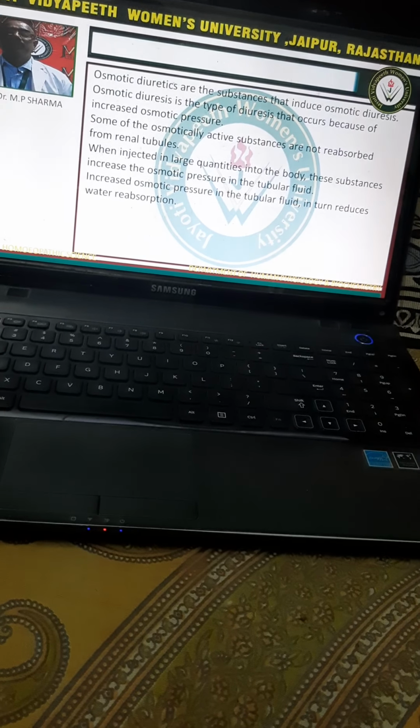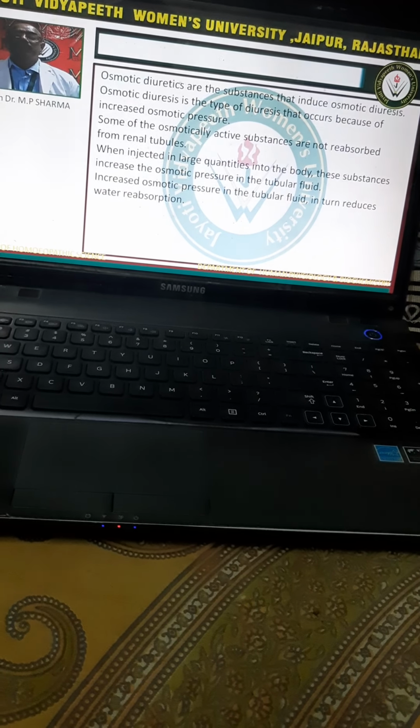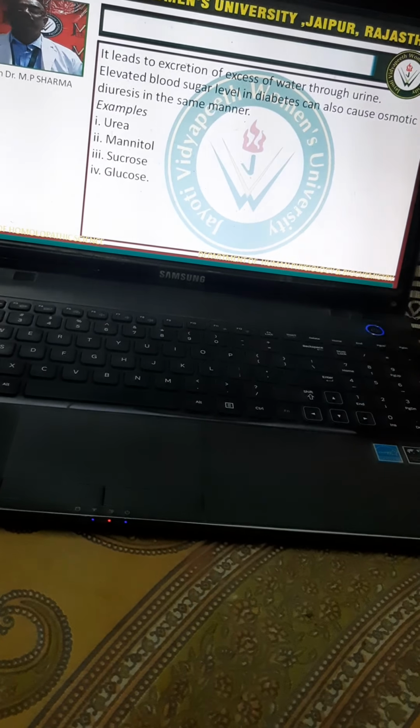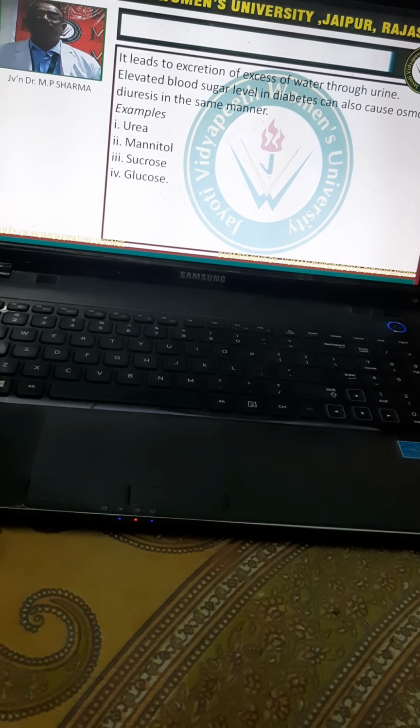These substances increase the osmotic pressure in the tubular fluid. Increased osmotic pressure in the tubular fluid in turn reduces water reabsorption. It leads to excretion of the excess water through urine.